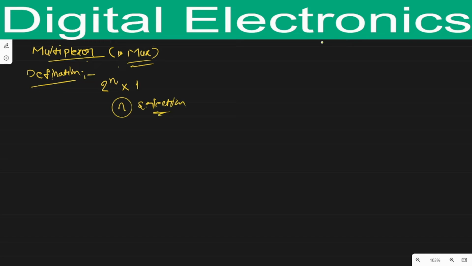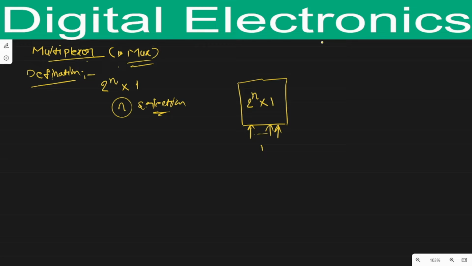The block diagram of multiplexer is this one. Here there are 2 raised to power n inputs, one output, and to select among the 2 raised to power n inputs there are n number of selection lines.